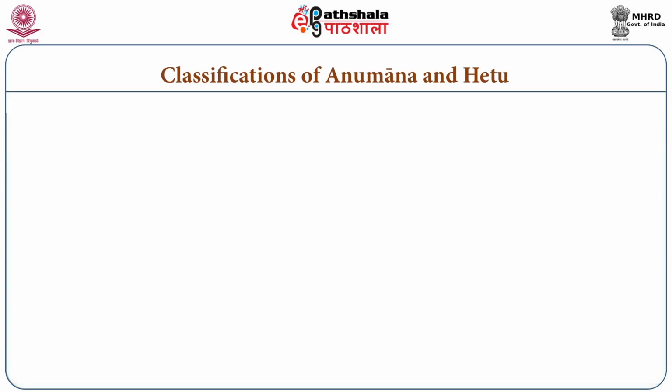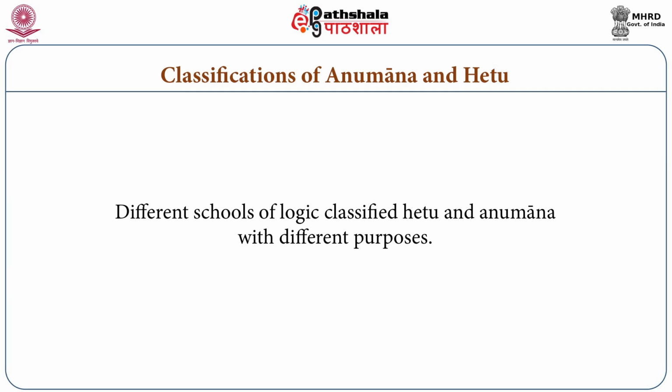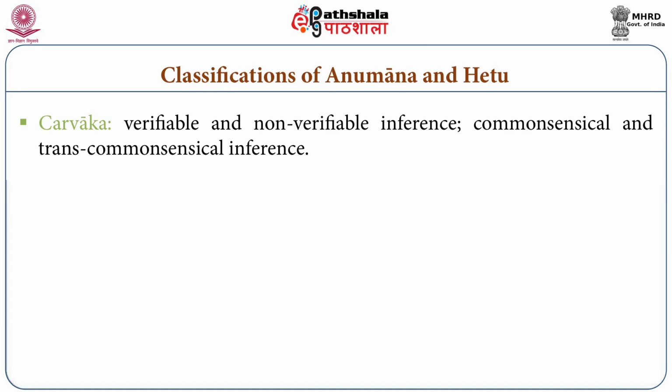So this brings us to the question of classification of Anumana, classification of Hetus, classification of inferences. So different schools of logic classified Hetu and Anumana with different purposes. We have seen that Charvakas classified inference into verifiable and non-verifiable, commonsensical and trans-commonsensical inference.